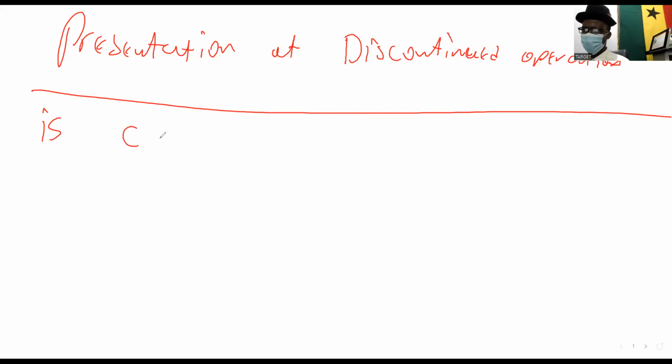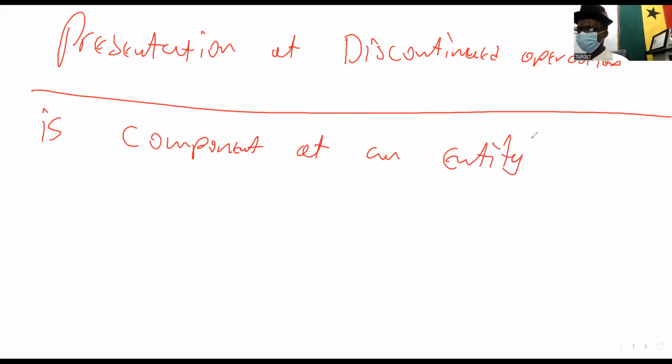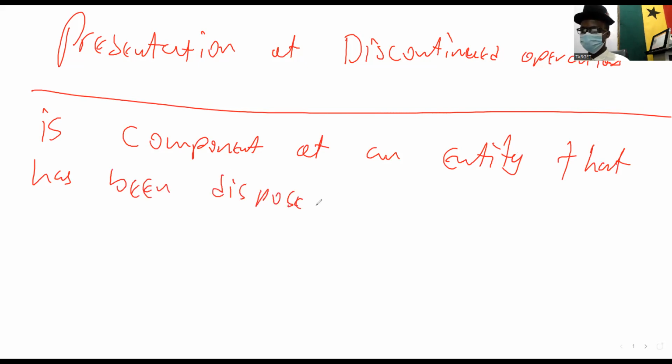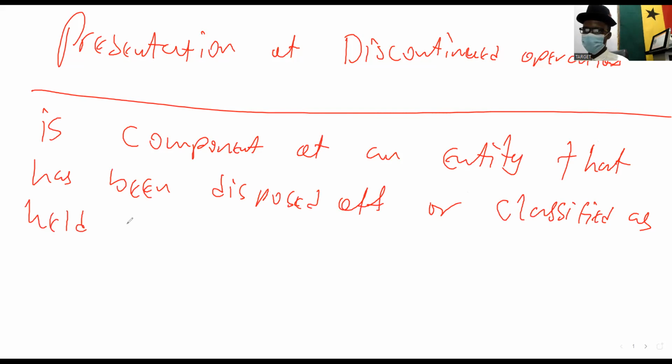A component of an entity that has been disposed of or classified as held for sale.